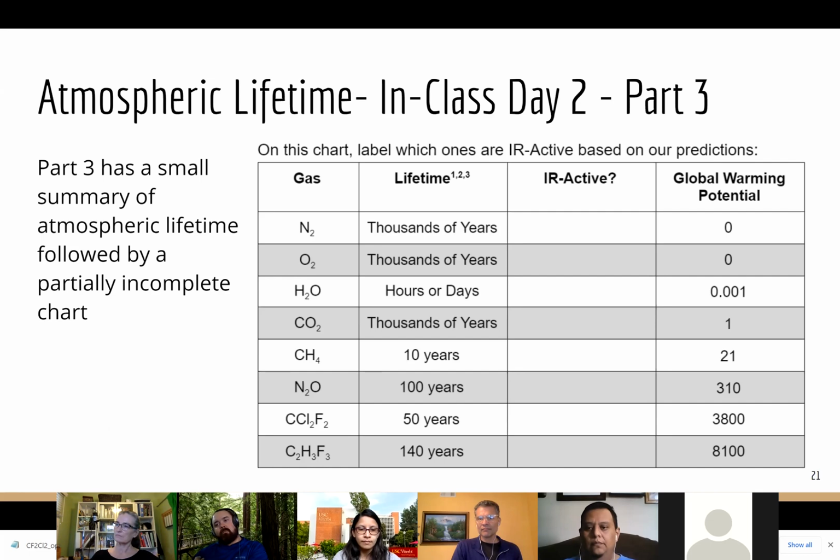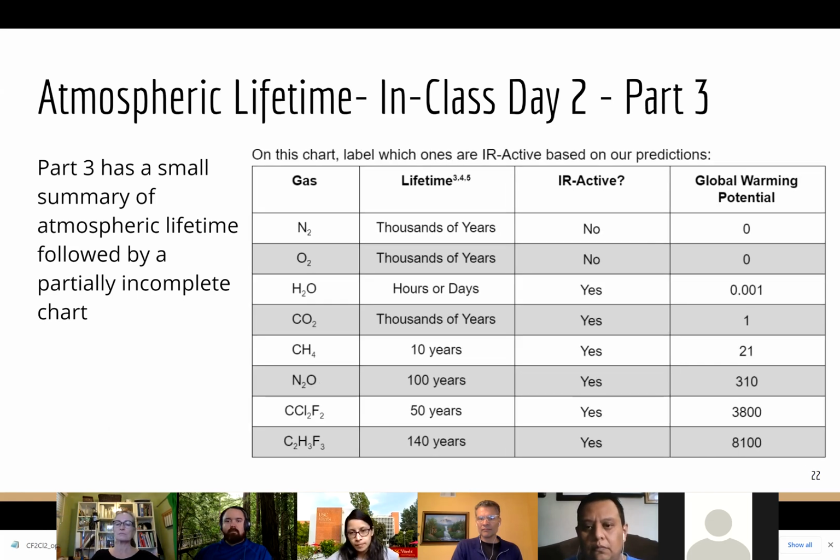Whereas if you have something like the CFC, which lives for 140 years, if it has a low absorbance, it doesn't matter because it gets excited once and it floats around for like a century, warming the atmosphere. And so we create this connection to lifetimes as the second component of whether something is IR active.